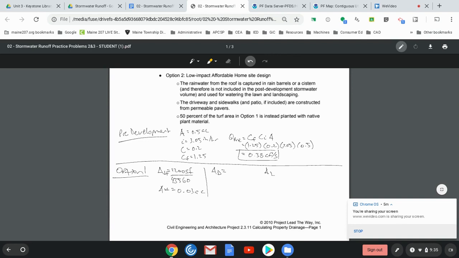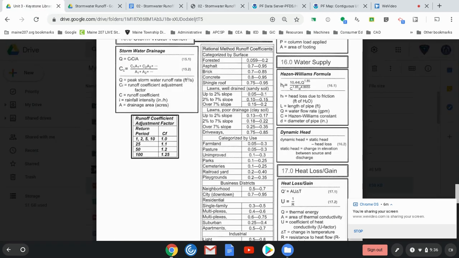The driveway, 1,000 divided by 43,560, is approximately 0.02 acres. And so we have a half an acre minus 0.03 minus 0.02, so we have 0.45 acres remaining. So the C for the house, worst case scenario for a shingle roof, is 0.95.